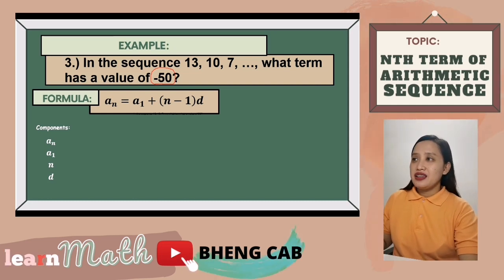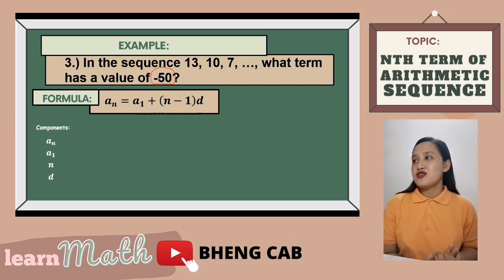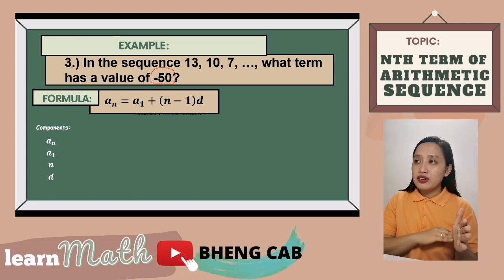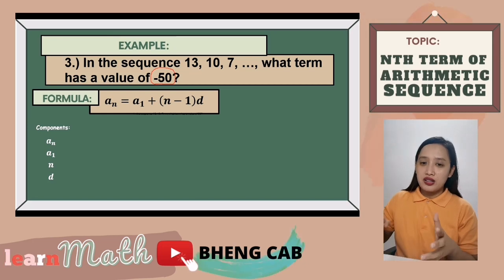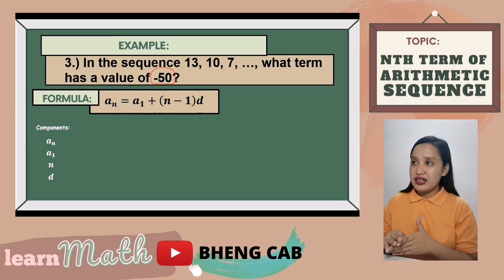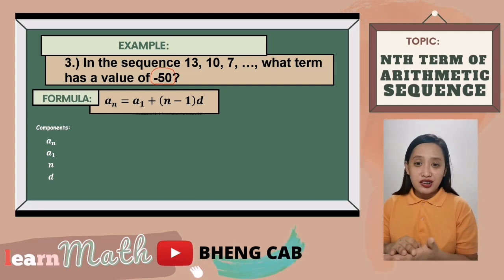Okay, so in the sequence 13, 10, 7, yung sequence na meron tayo, may tatlo tayong given. So yung tatlong given na yan, kapag kinontinue mo daw yan, along the way, along those consecutive numbers na meron tayo, si negative 50 ay andyan sa sequence na yan. Pero ang tanong dito, pangilan si negative 50?